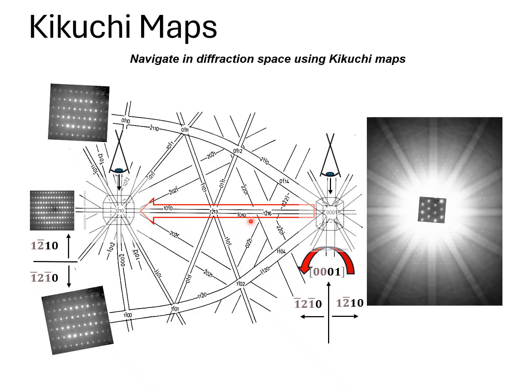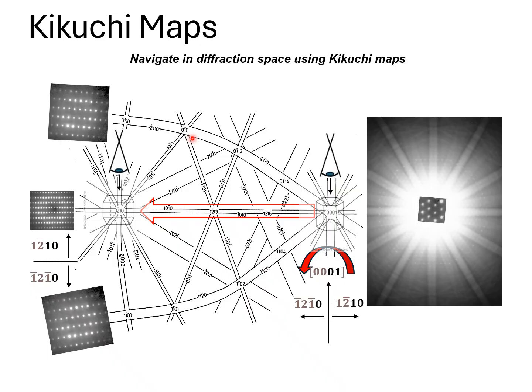We navigate in orientation space using the Kikuchi map, bearing in mind that the Kikuchi lines, some people call them tram lines, are lines that come out. You've got to imagine that these are like strongly diffracted beams of electrons coming out the bottom of the crystal.